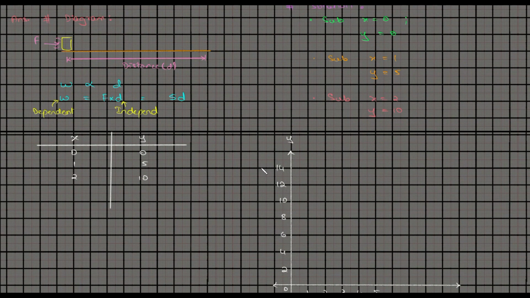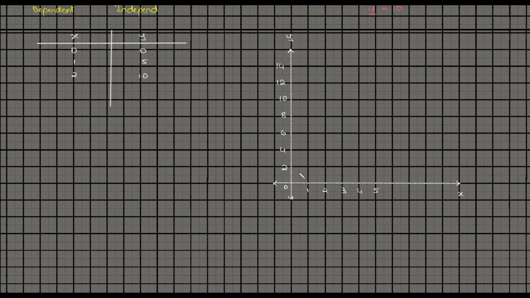I just want you guys to understand how to make use of the graph properly. Sorry, I should be looking at the values here itself. 0 and 0, 1 and 5. 2 and 10. Yes, we are done. All I have to do is join them.